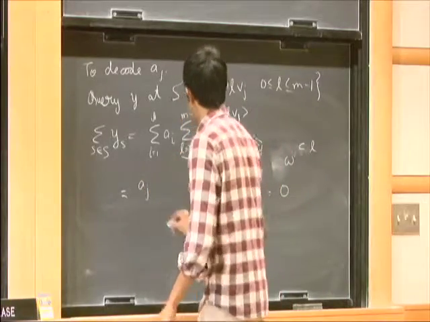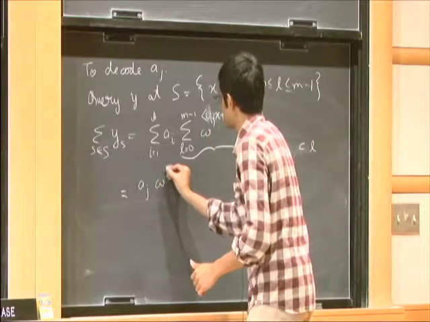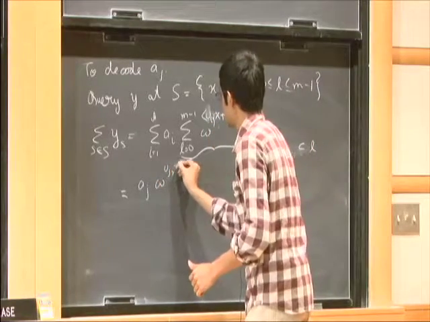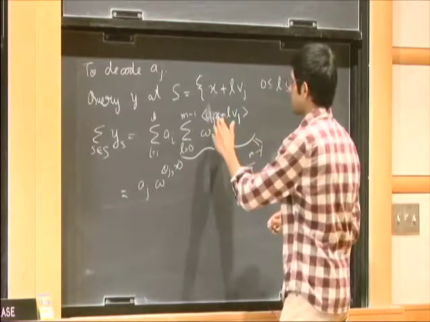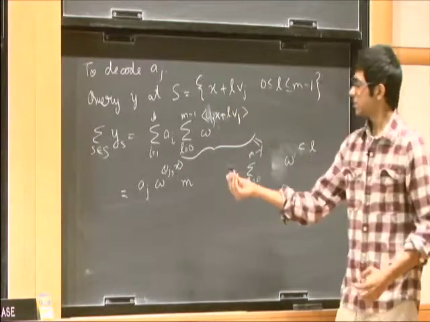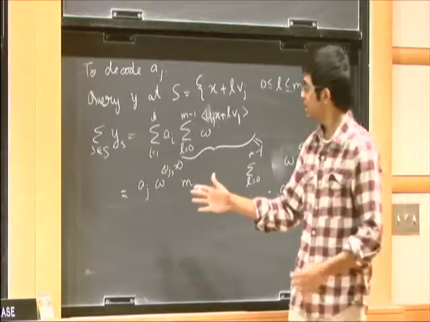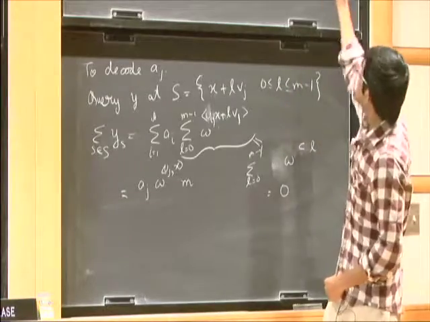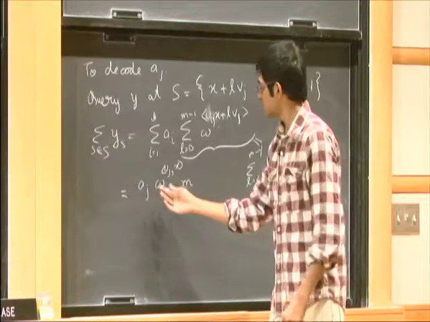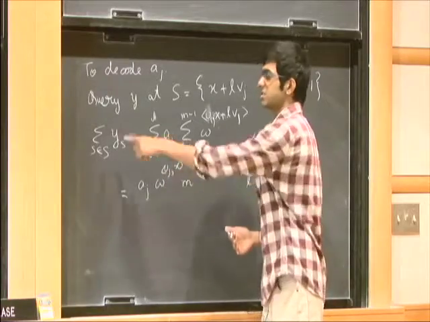So you have aj, and then what do you have here? You have omega to the uj x, and this added m times. And you can show that m won't be divisible by the characteristic of the field by the fact that m divides q minus 1, and this is how you can recover aj by pulling these to the other side.